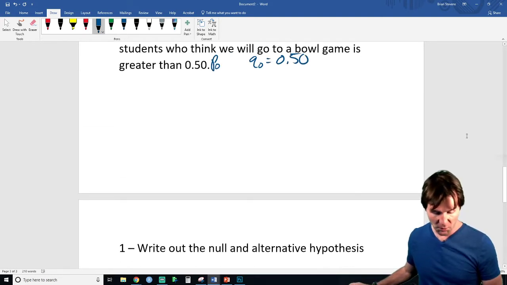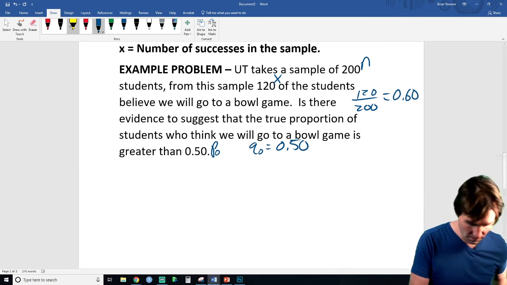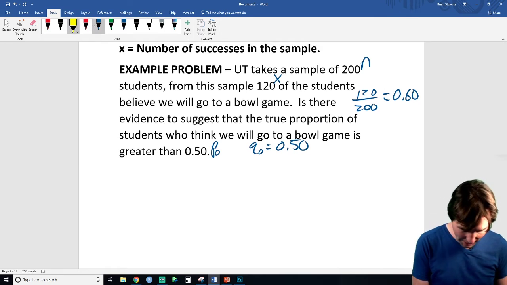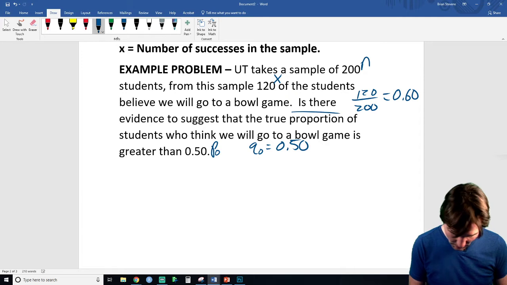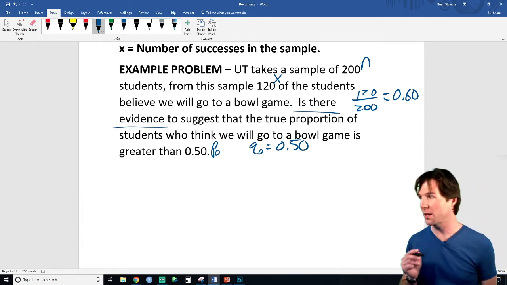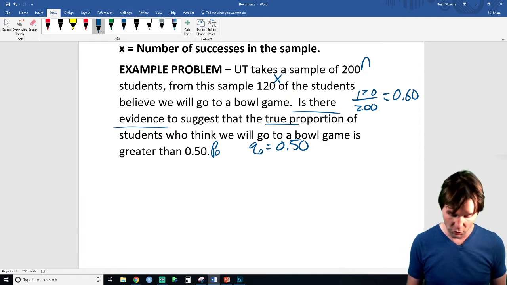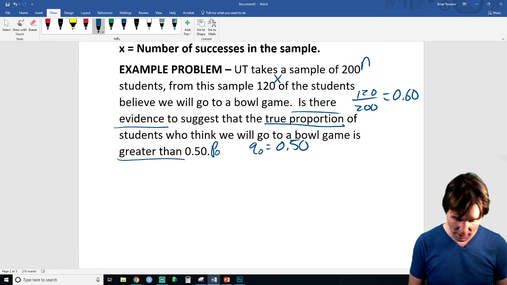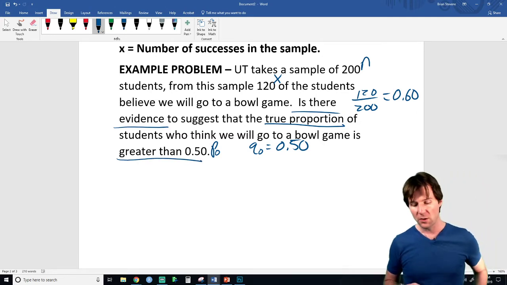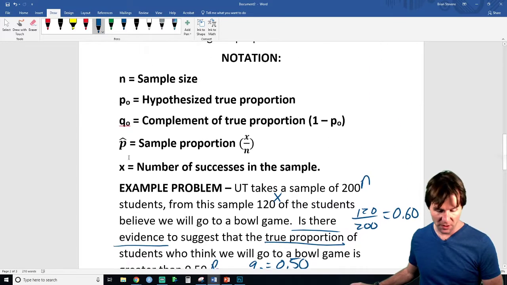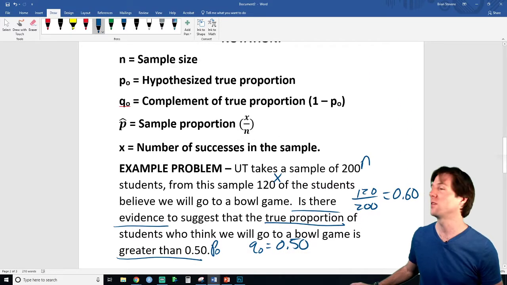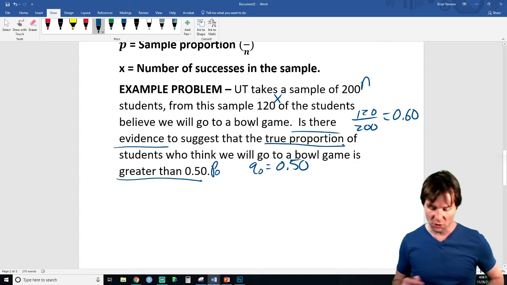You'll notice in this problem, I'm asking you, is there evidence? Is there evidence, okay, that sounds like I'm talking about an alternative, that the true proportion of students who think we'll go to a bowl game is greater than this amount? So I guess one more bit of notation. I don't want to confuse you. P is the true proportion.